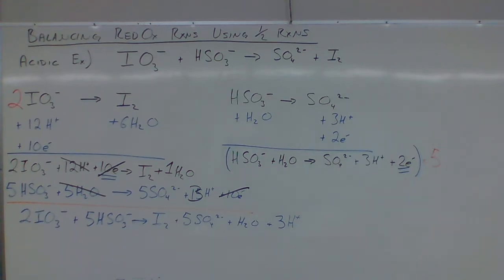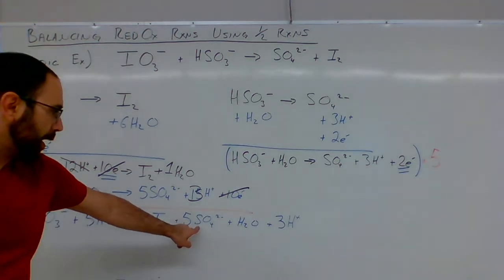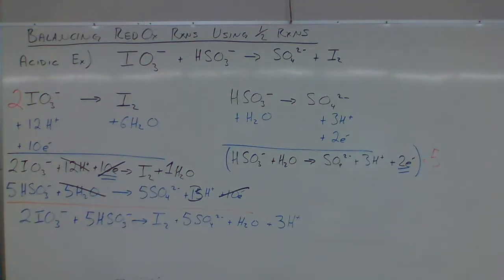Okay. Now it's a good idea to double check that we make sure we have everything we need on both sides. Okay. Well, I've got 2 iodines and 2 iodines. I have 5 sulfur. I have 5 sulfur. I have 5 hydrogens.